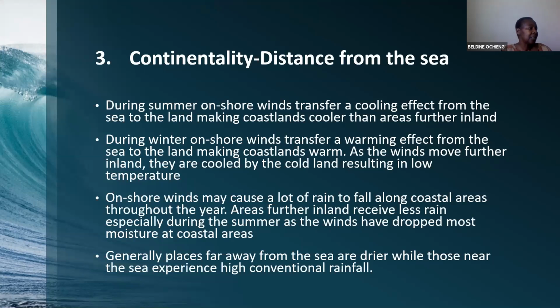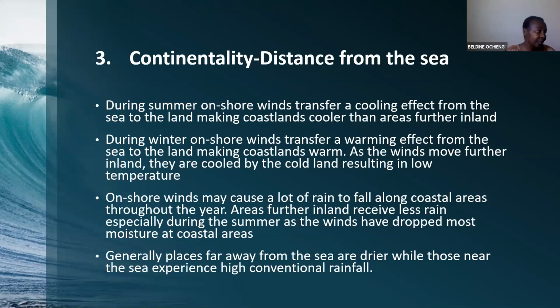But where we have the temperate lands or temperate regions, where we have the winter and the summer, there's a difference. And we are going now for the number 1 point there.